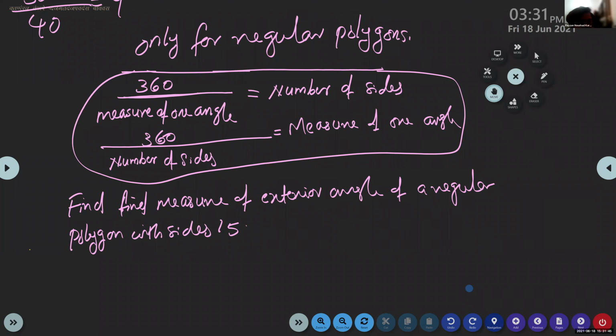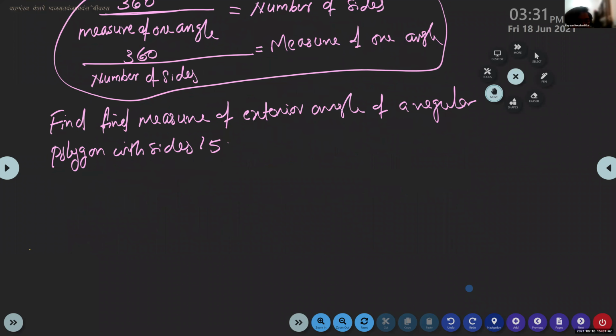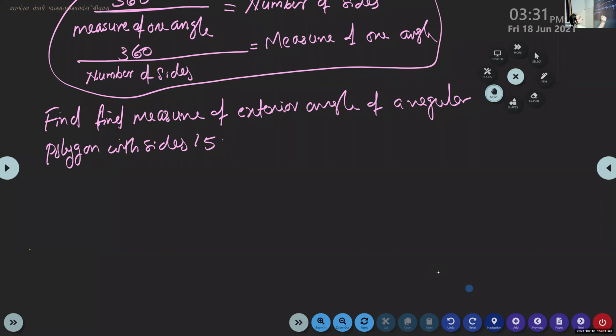Ma'am, what is that second word? Find the measure of exterior angle. I think you wrote find two times. Ah, okay.